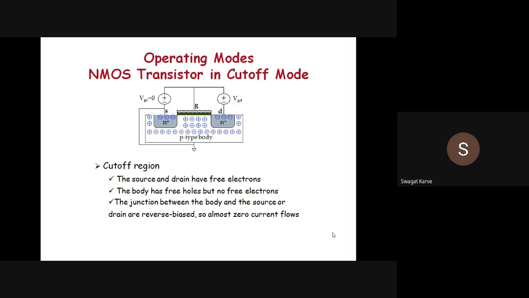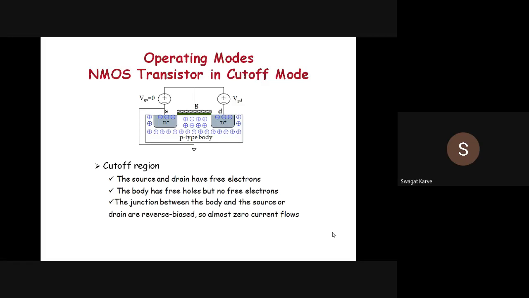The majority carriers will be electrons. If we considered P type, the majority carriers would be holes. But here the majority carriers are electrons. That is the N type MOSFET, and for our discussion we are considering the N type MOSFET.